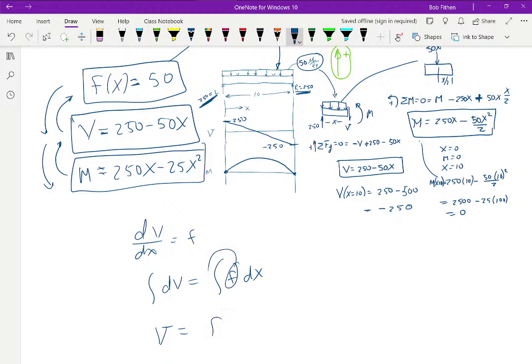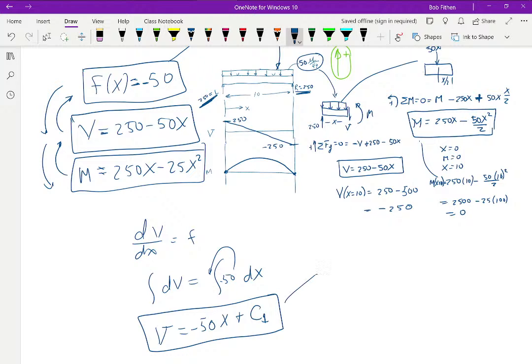In this particular case, you'll have 50, you pull it out, 50x. And I have to realize that that was an arrow pointing down, so it's minus. The problem is I have a constant of integration here.